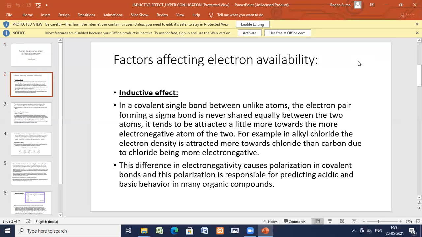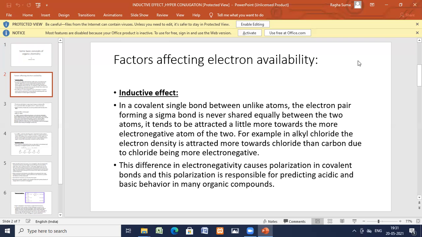In heterodiatomic molecules, the bond pair is not equidistant from the center of the nuclei. For the two bonded atoms, the electron pair slightly shifts towards the more electronegative atom. I'm repeating, in heterodiatomic molecules, the bond pair is not at equidistance from the center of the nuclei of the two bonded atoms.